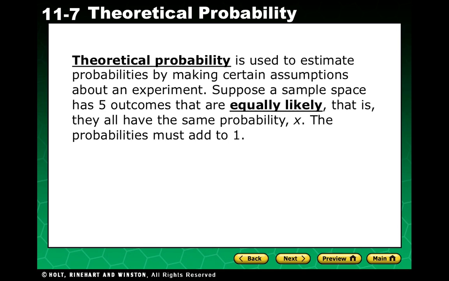So suppose a sample space has 5 outcomes that are equally likely, that is, they all have the same probability. The probabilities must add to 1, just like a 6-sided number cube or a 5-sided number cube.